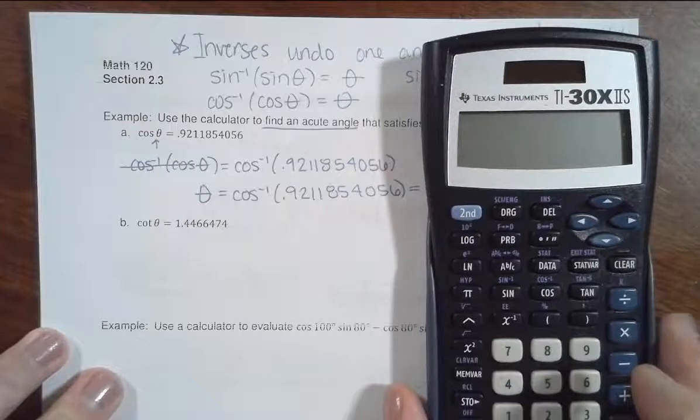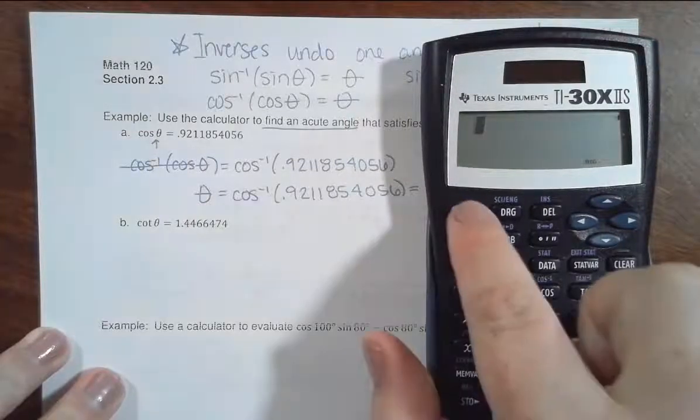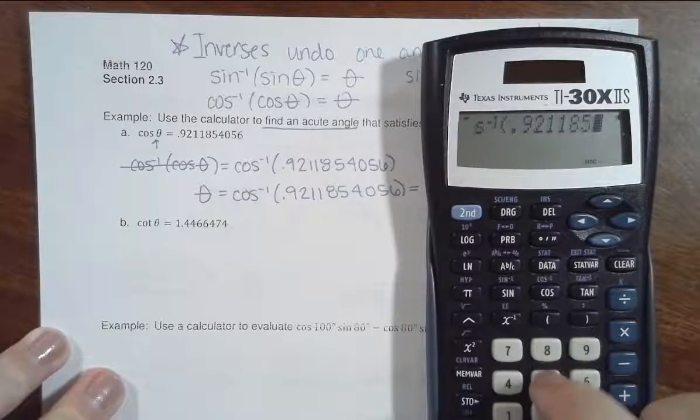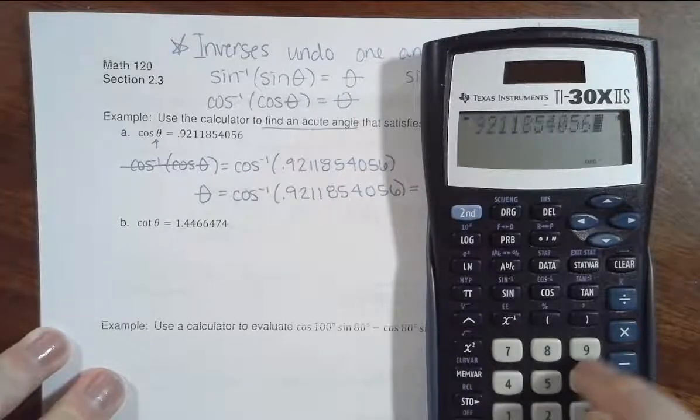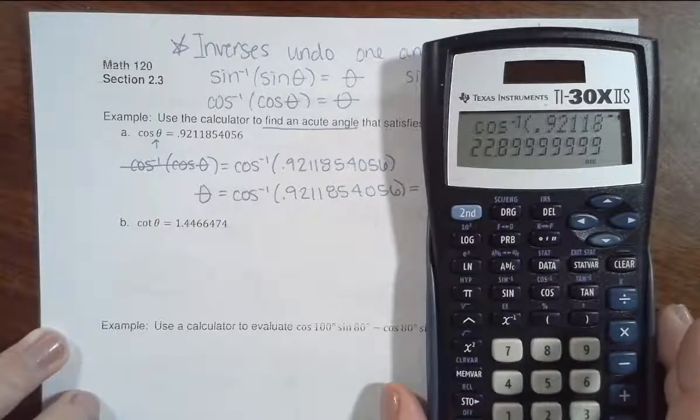Okay, so we're going to use our second function to get the inverse of cosine, and then 0.9211854056 is what we're evaluating it at. And notice what we end up with is 22.89999999, right?